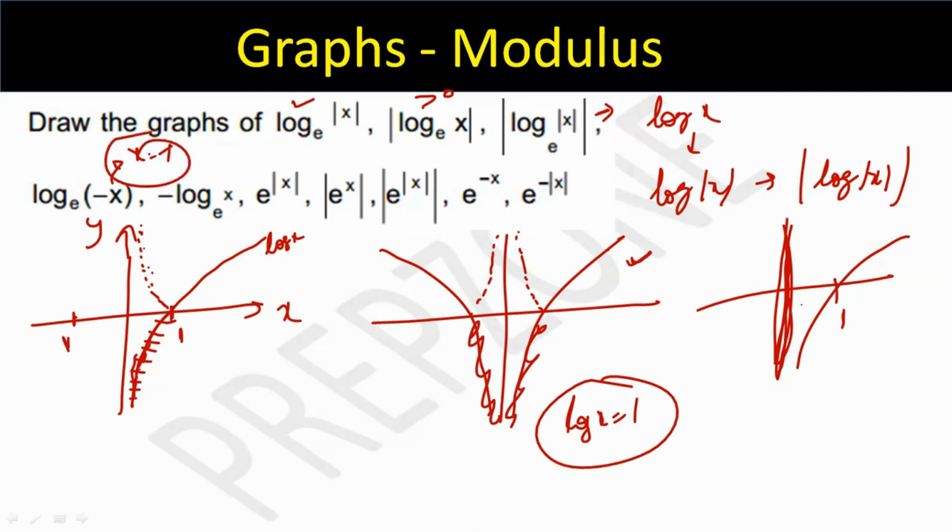Because it is minus x. So you will just take its mirror image across the y-axis, and this is how the graph of log of minus x will look like. This part will not come. It is only the negative part of it. Okay, so this is how the graph of log of minus x looks like.